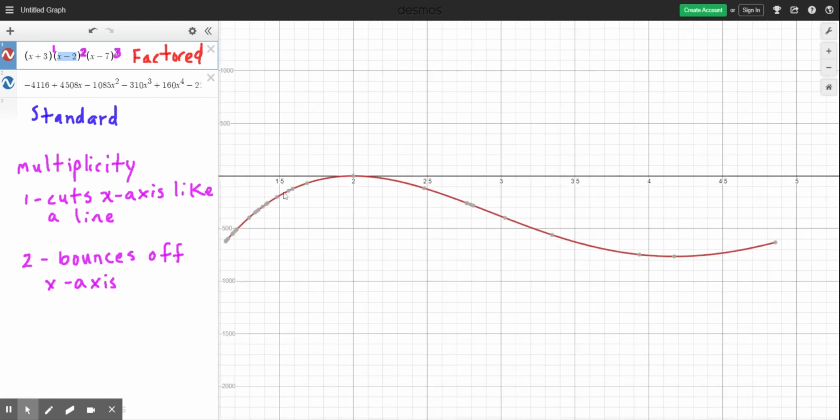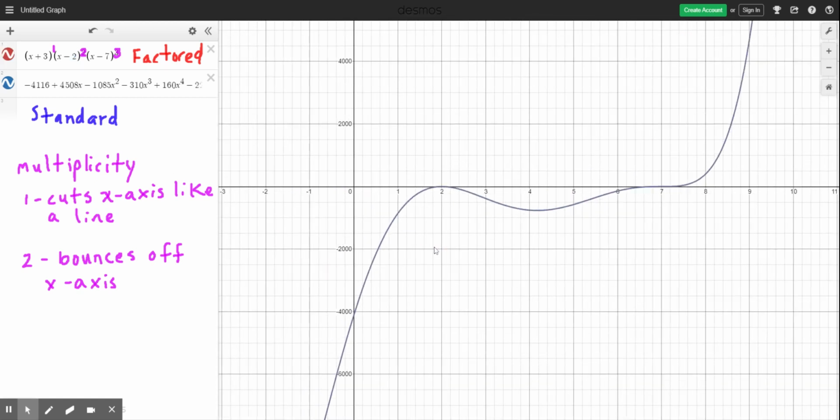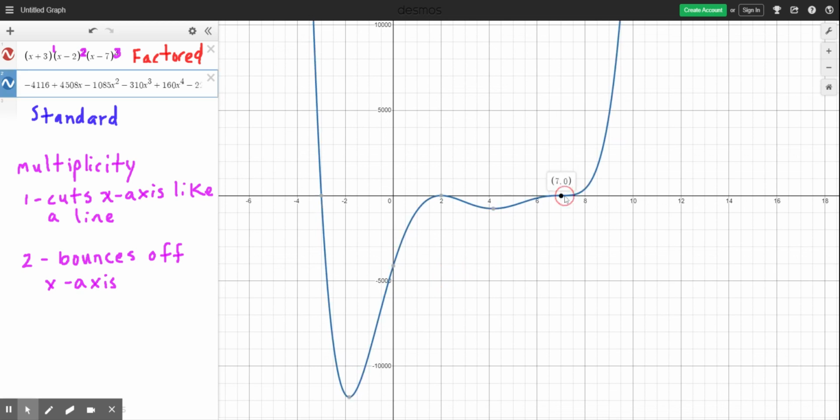And then finally here, we're going to look at the last 0 on this image, which is this 0 over here coming from the factor that has a multiplicity of 3, an exponent of 3. And when we talk about that here, we're going to say that that sort of swerves through the x-axis.